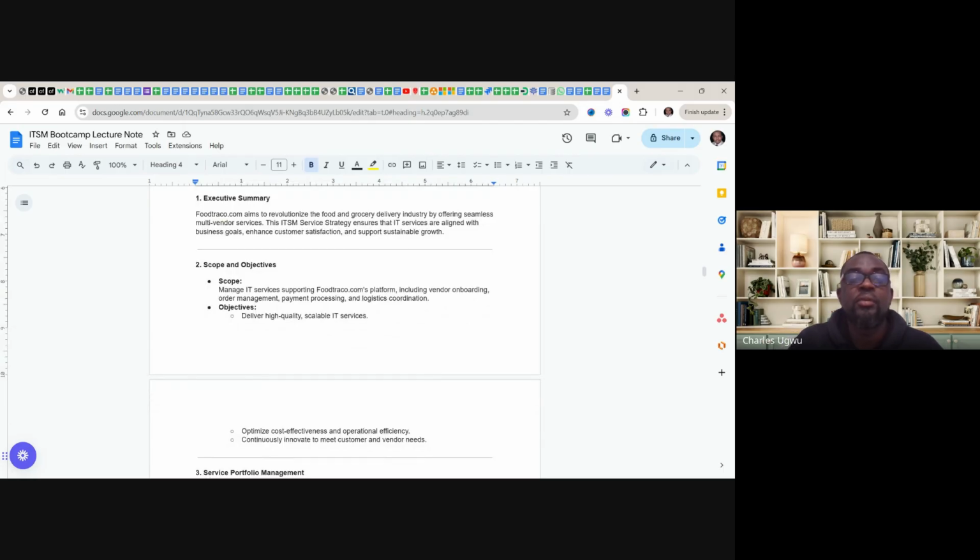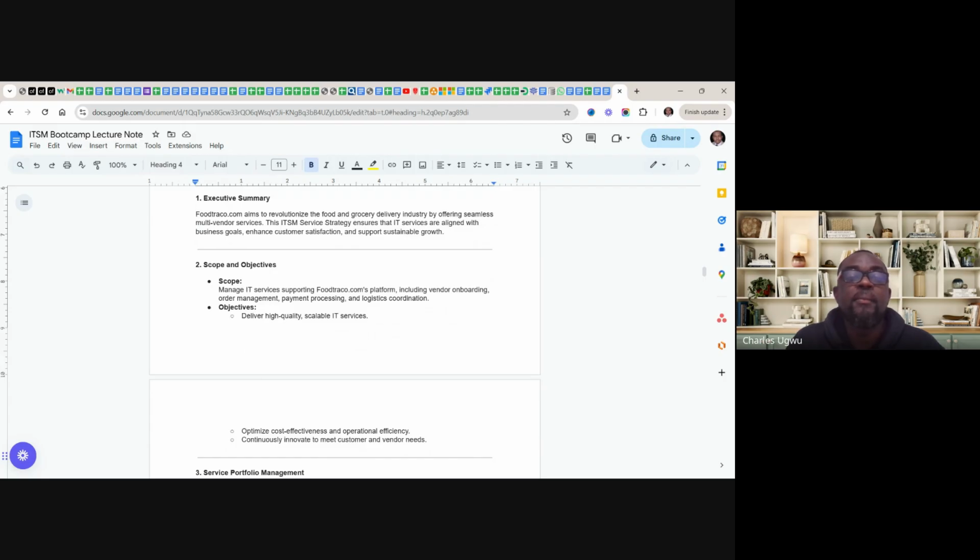this is the scope captured here. Manage IT services to support the foodtracko.com platform. Include vendor onboarding, order management, payment processing, logistic coordination.